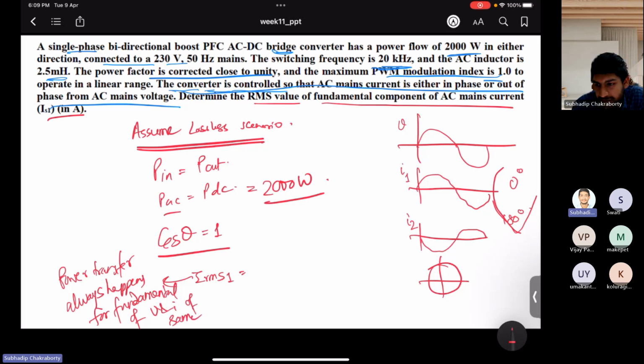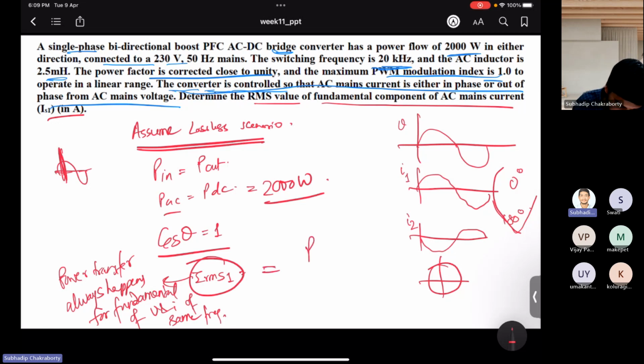For this problem you have only one frequency of voltage, so only for one frequency of current will the power transfer happen. If the voltage also had third harmonics, then the third harmonic current would also contribute to power transfer. But here you have a UPF scenario. So the voltage is sinusoidal, the current should be sinusoidal, and there should not be any phase shift between them because power factor is unity, right? So IRMS1 inherently will come, for which the active power transfer will happen.